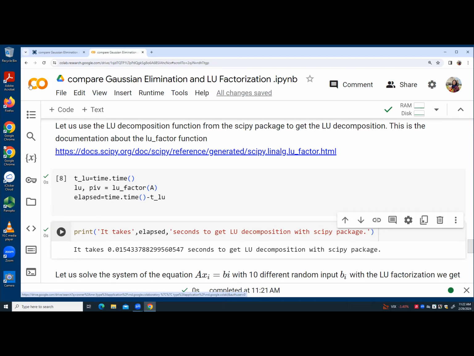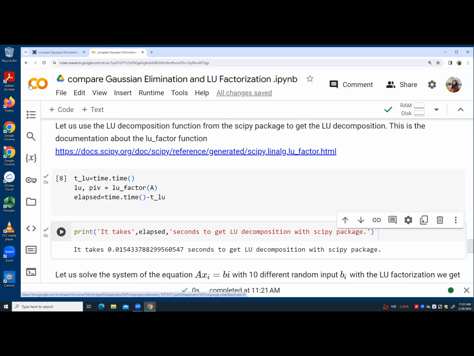In the package, it uses optimized methods in the coding, such as matrix multiplication instead of loops and some other optimized coding techniques, so it just takes 0.015 seconds. But if you use the for loop and update each row to get the LU factorization, you need 34 seconds.